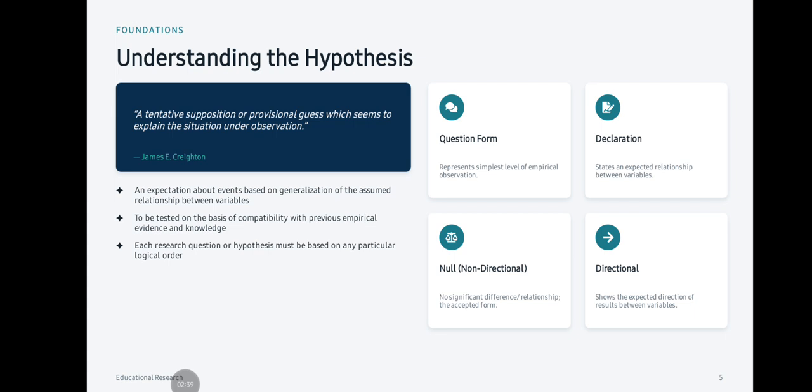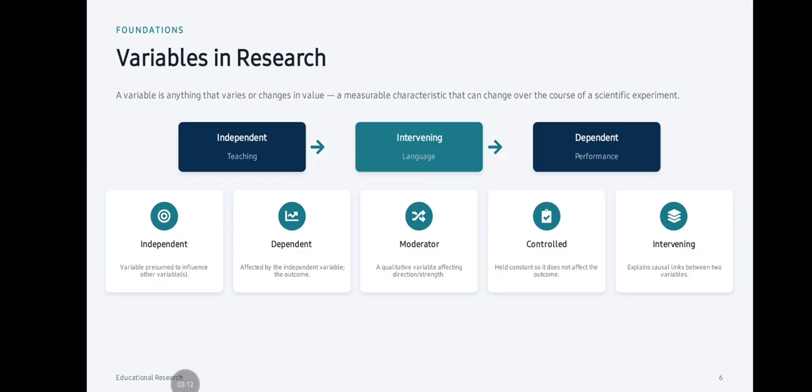Each research question or hypothesis must be based on any particular logical order. Question form represents simplest level of empirical observation. Declaration states an expected relationship between variables. Null, that is non-directional. No significant difference relationship, the accepted one. Directional shows the accepted direction of results between variables.